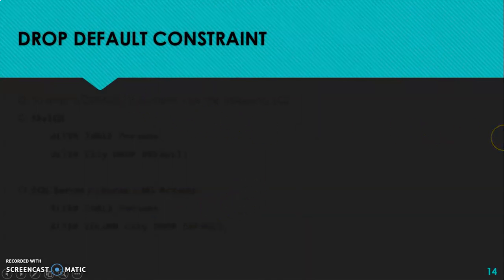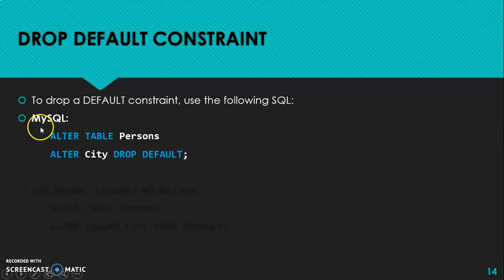Now to drop a constraint, if you are using MySQL, alter table person, alter city, drop default. So alter table name, that is person, alter city, that is the column name, drop default. So it will drop the default constraint.